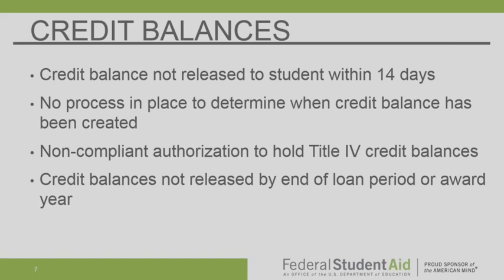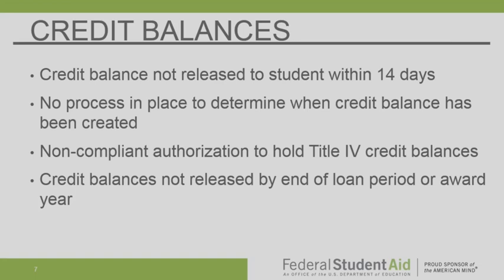So a couple of new points, right? Schools that are on heightened cash monitoring and reimbursement payment methods must credit the student's ledger before the amount of Title IV funds for the student or the parent is eligible to receive. They have to pay that first, okay? So as a result of that, they can't do this.